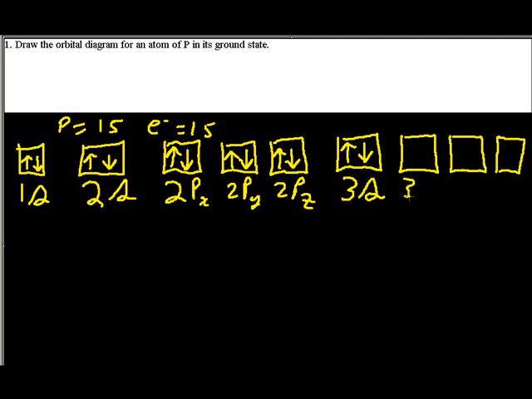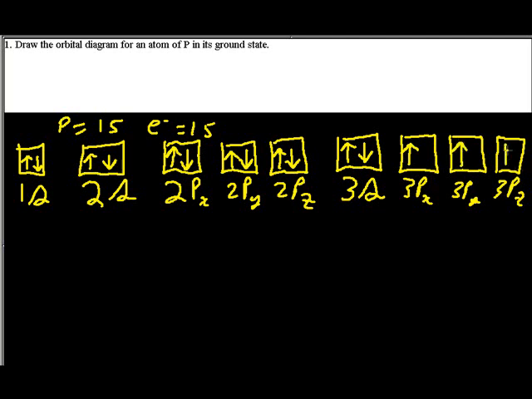So that's going to be a 3px, 3py, and 3pz. And each of them will receive an upspin electron.